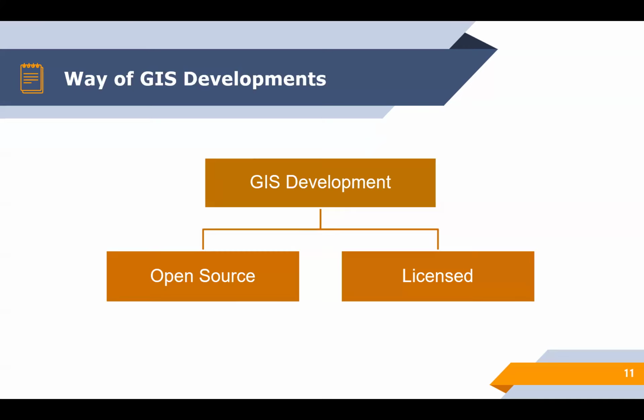So now when we are talking about GIS development, we have two types of development. One is open source and the second one is licensed development. Open source development means you no need to pay a single rupee for the license. This is totally open source. And one is license based development. As you know, these days many companies, many government agencies want to develop applications in open source because the reason is the cost.